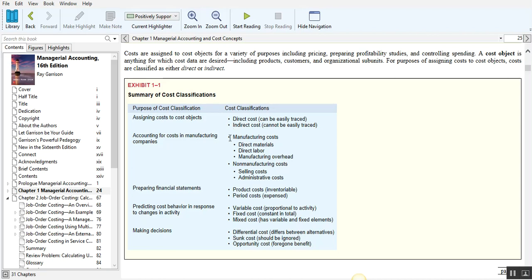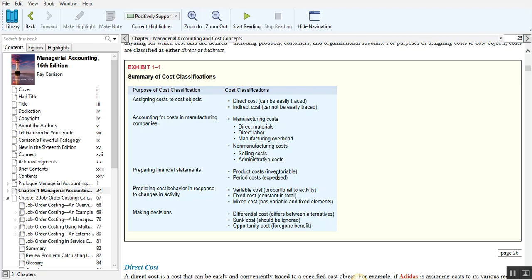When we're talking about manufacturing, we're going to have direct manufacturing costs like direct labor and direct materials. We're going to have manufacturing overhead costs that we need to assign to all the products we make. We'll have non-manufacturing costs that include administrative offices and selling and so on.